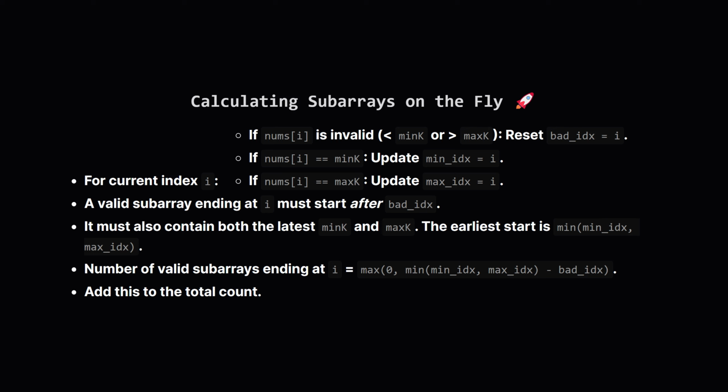This gives us min(min_idx, max_idx) minus bad_idx. We should take the maximum of this value and 0, just in case min_idx or max_idx hasn't been found yet in the current window, or if the earlier index is before bad_idx. We calculate this value for each i and add it to our running total count.